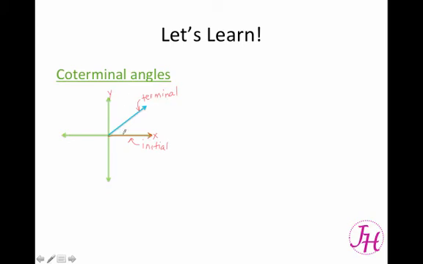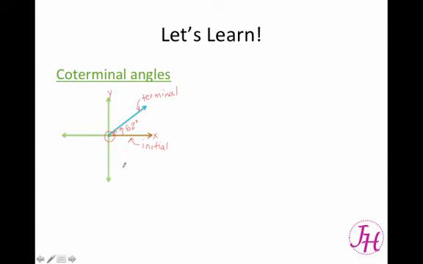So coterminal angles, suppose we have this angle measure, and let's say it's 52 degrees. A coterminal angle looks exactly the same as this angle right here, but it has a different measure. Suppose we started at the initial side and we did a full 360-degree rotation and then came back to the terminal side.